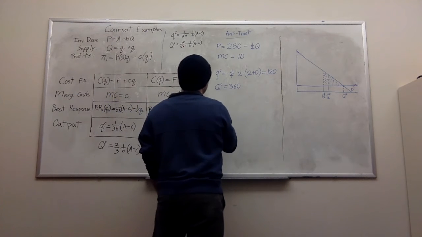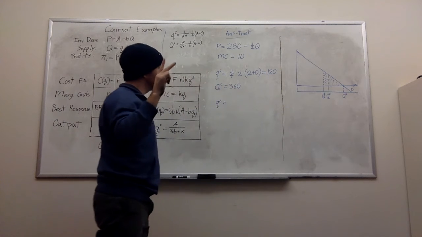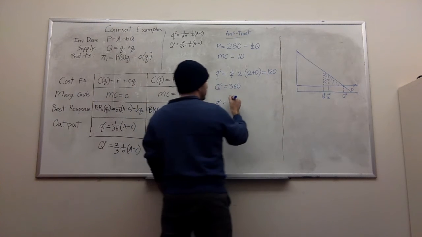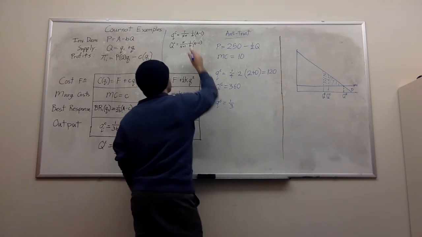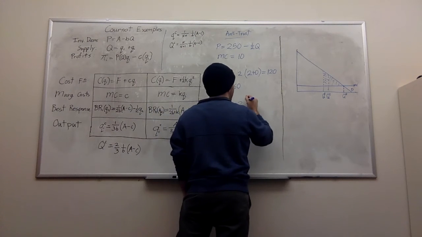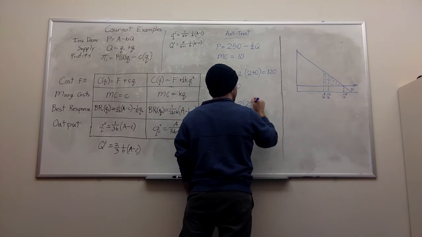But if we allow the merger, then QD, now there are only 2 firms in the market. So that's going to be 1/3 times, still 1 over B is 2, and 250 minus 10 is 240.